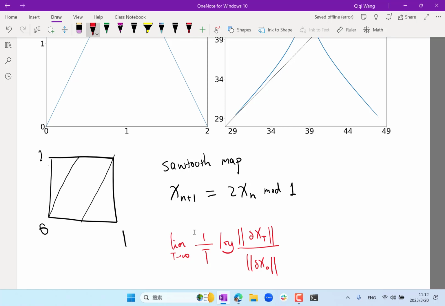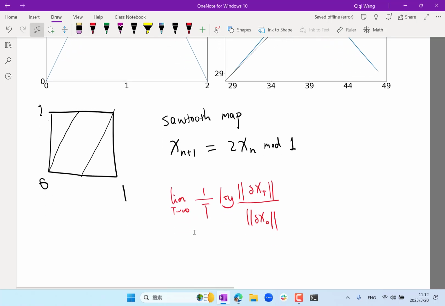This is for either the sawtooth or the tent map. This is still the limit of 1 over t log 2 to the t, which, if you bring the exponent out of the logarithm, becomes multiplication. So it cancels with the 1 over t, so that's log of 2. That's the Lyapunov exponent, and it's positive.